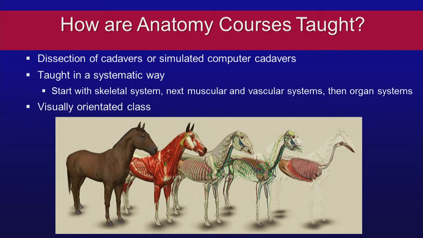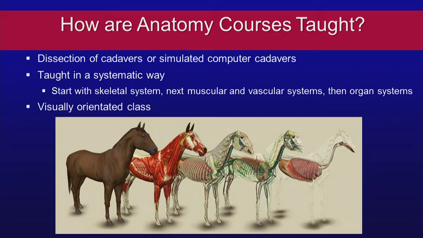Now, when we study anatomy, we use cadavers, could be horses, could be dogs, or simulated computerized cadavers. Also, it's taught in a systematic way. They start out with the skeleton, followed by muscles and blood vessels and nerves, and then they'll end up with the different organ systems.